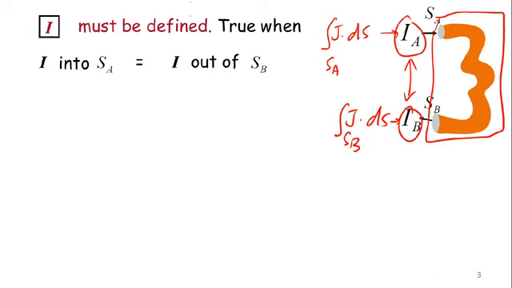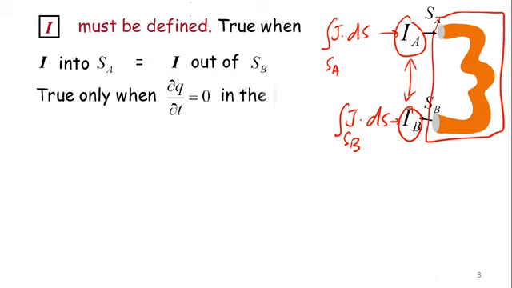Let me give you the result, and then I'll show you how to derive it. I will be uniquely defined for the element only if dq/dt is 0 for the filament. Here, dq/dt is the rate of change of charge, where the charge q is the charge inside the box. I make the claim that the current is uniquely defined only if dq/dt equals 0 for the filament. So how do we get that?